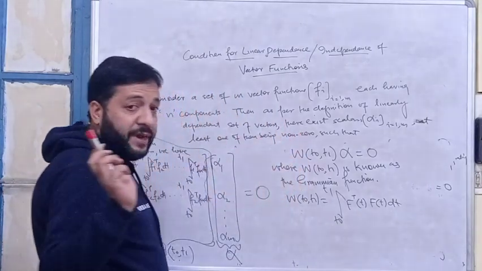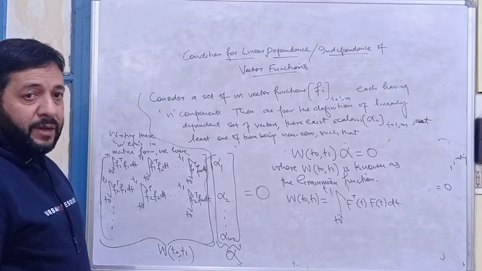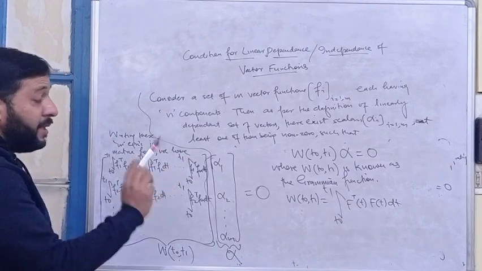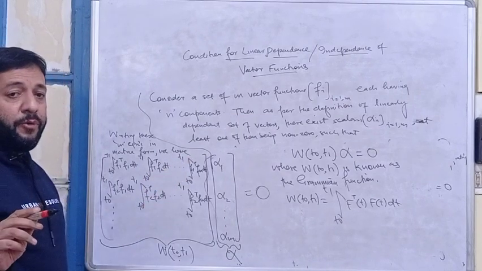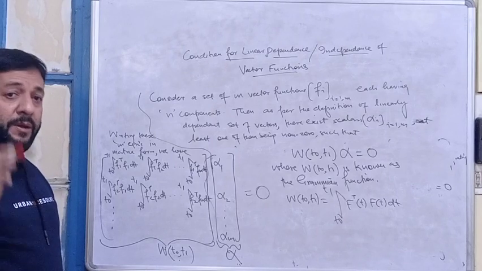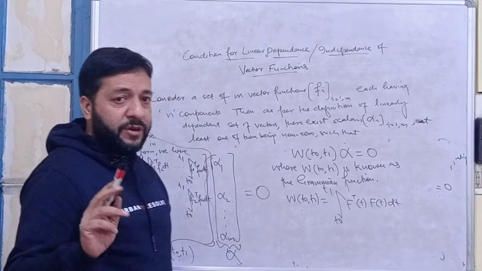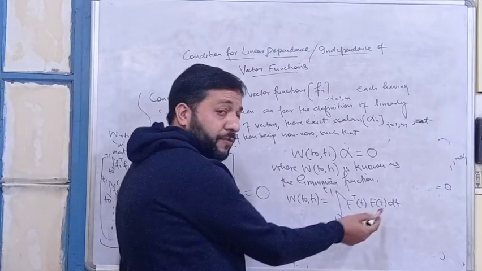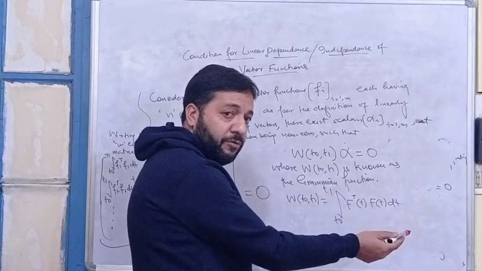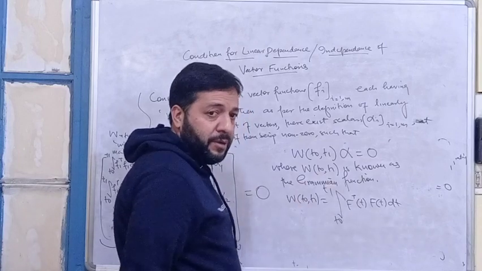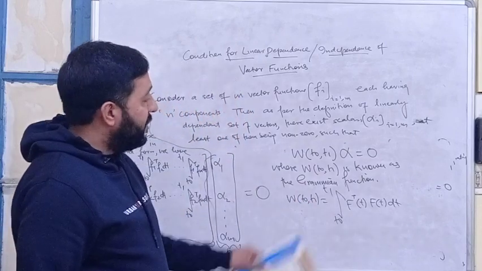F is that matrix that I had defined. But the components of the function F that I have taken are considered as columns. In case they are rows, this transpose will change: it will become F t into F transpose. That you have to remember. So this is known as the Gramian function.